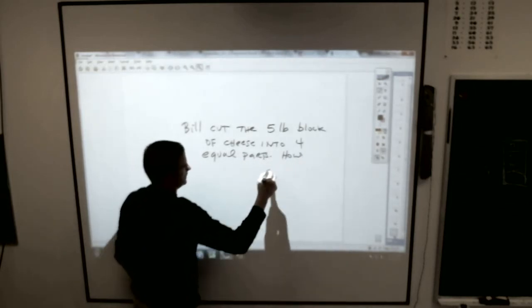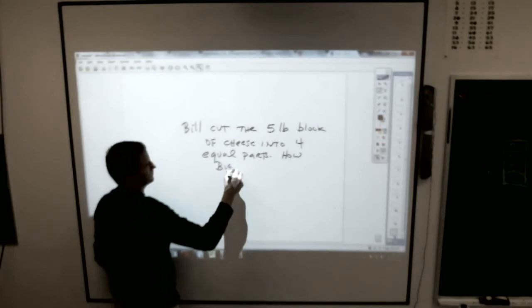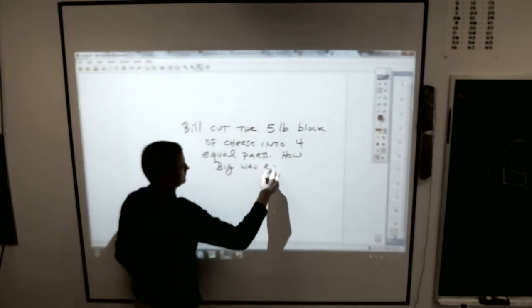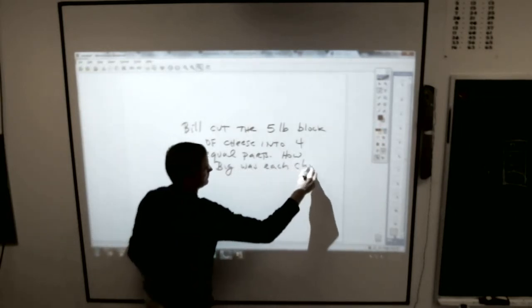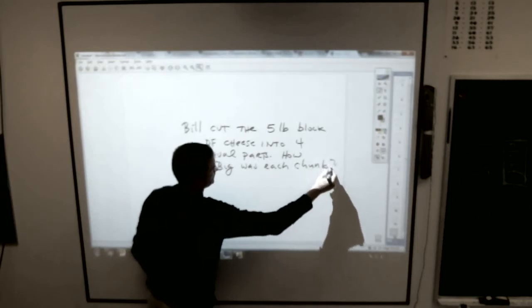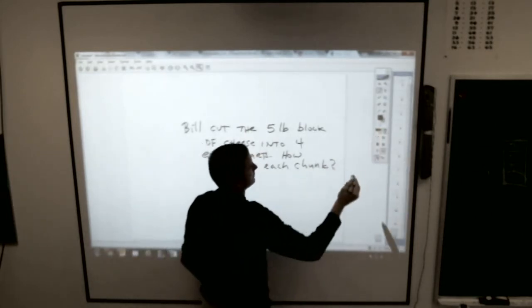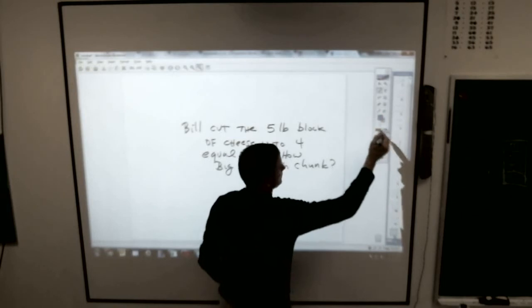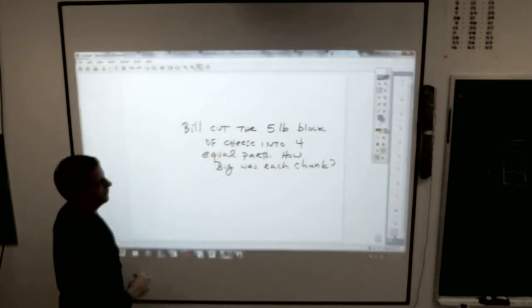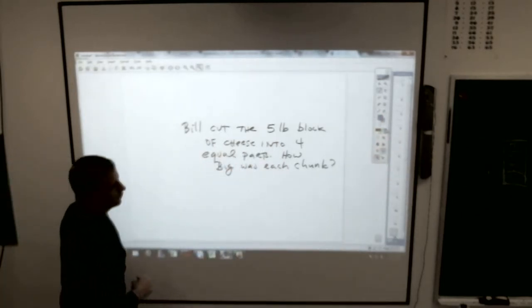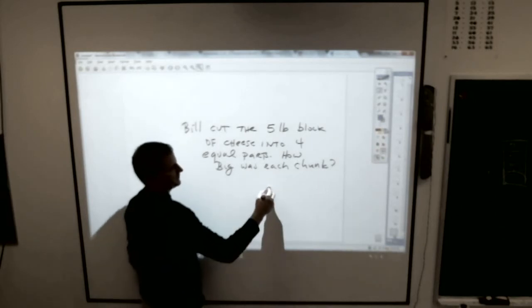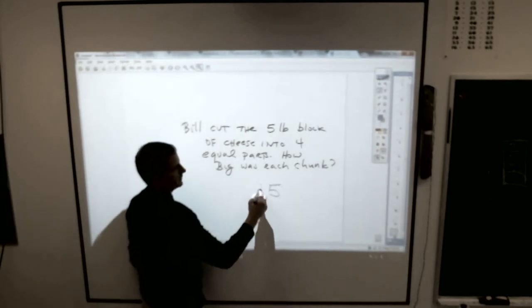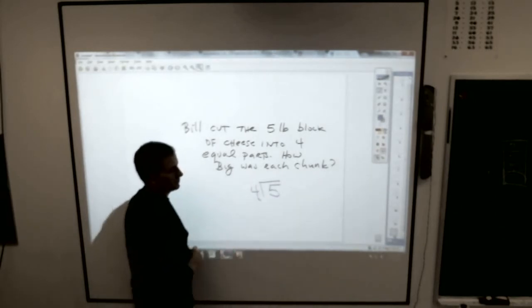How big was each piece? Or each chunk? And again, you know that you're trying to cut 5 into 4 equal groups, so you know it's a division problem. 5 cut into 4 equal groups.